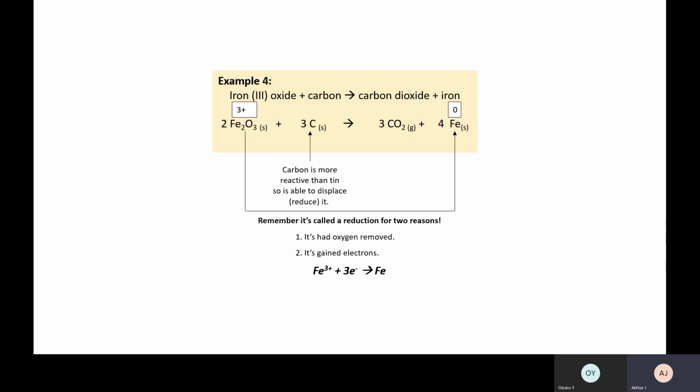You've got the removal of oxygen and the gain of electrons. So we'll just show the half equation for each ion. Each ion gains 3 electrons and we form pure iron. Again, a really important industrial reaction, lots of uses for iron. Okay, excellent. So that's our first chemical process.